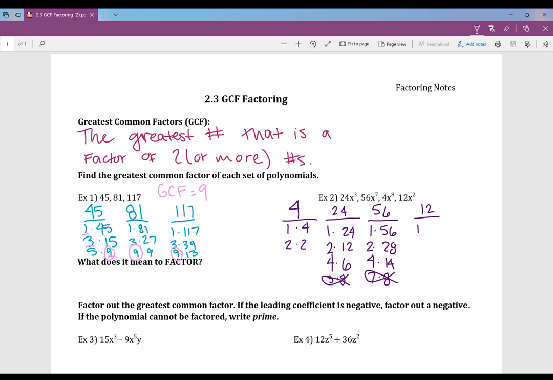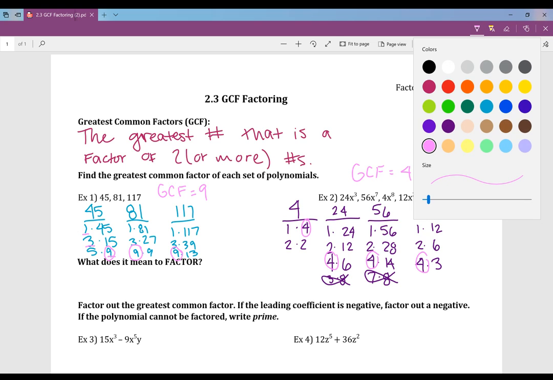And then lastly, we have 12. So we could do 1 times 12, 2 times 6, or 4 times 3. So if we're trying to find our greatest common factor, they all have a 1, 2, and 4. So 4 would be our greatest common factor. So part of our GCF for example 2 is 4.